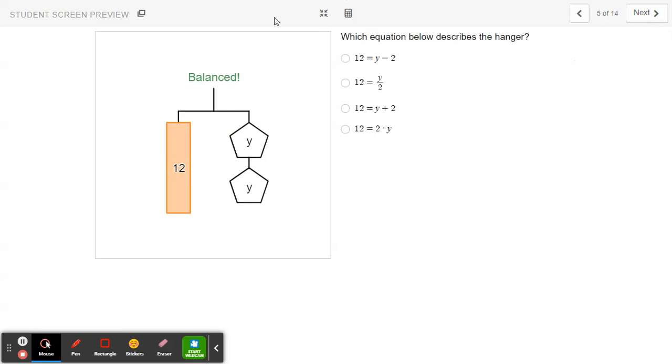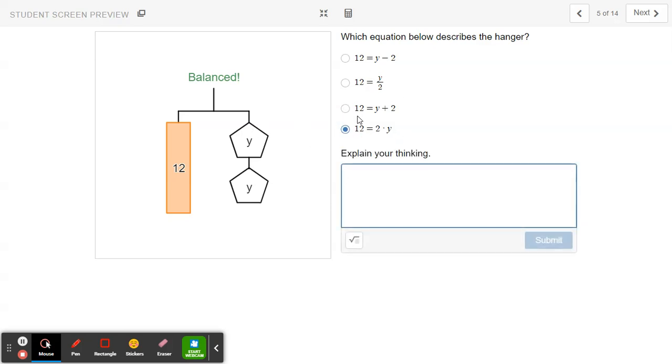So which equation does this describe? Well, we know 12 is equal to 2 y's, or 2 times y, right? So it's this one here. We're not adding y and a 2, right? That's like the first one. We have 2 y's, so there's 2 times y, okay? So we can add that in.